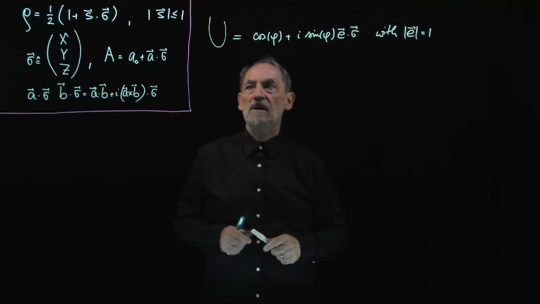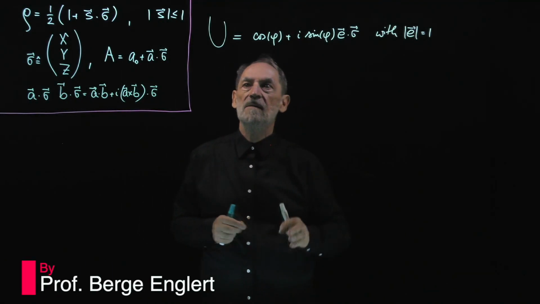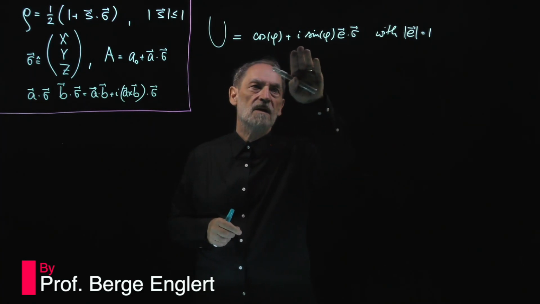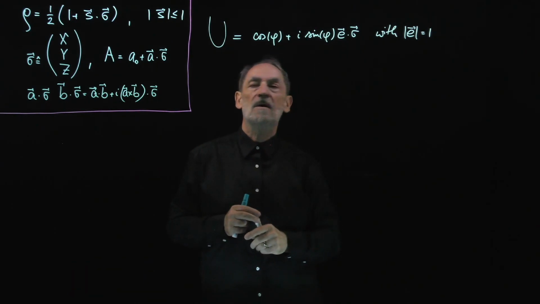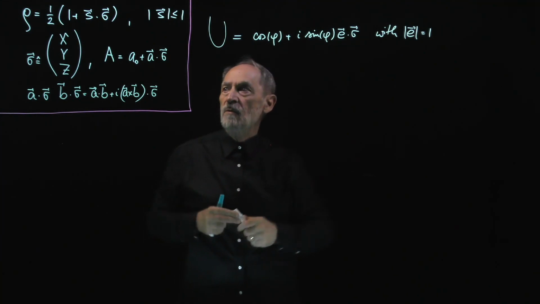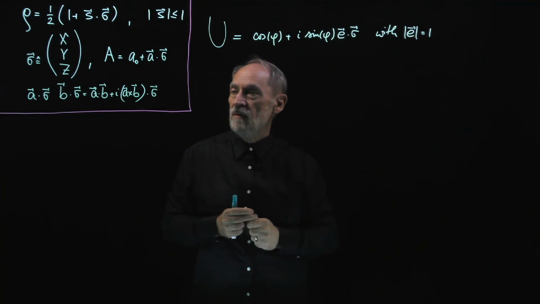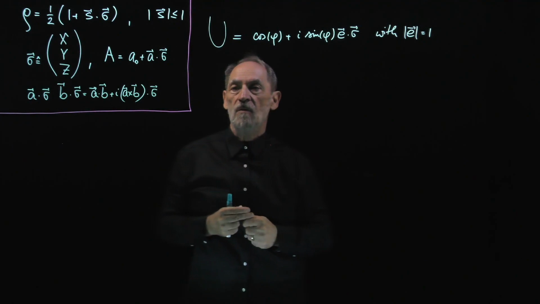All right, so the unitary operator acting on qubit kets and qubit bras is cosine phi times the identity plus I times sine phi times a unit vector picking out a component of the sigma vector operator. Now, since this is transforming kets and bras, we can ask what's the effect on the statistical operator rho.